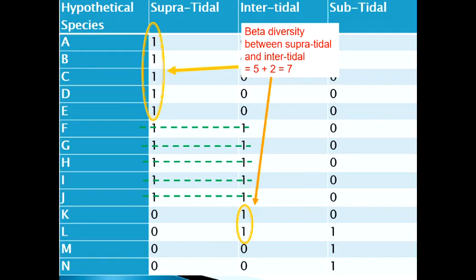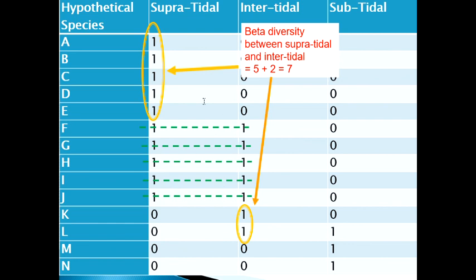So let's look at a quick example. If I want to know the beta diversity, and it's always phrased this way, it's the beta diversity between something and something else. So here, the beta diversity between supertidal and intertidal. First, I look at the species that are present in both. Notice for species F through J, there's a 1 in both of these columns. I've drawn lines sort of Xing them out. We don't consider these in beta diversity.